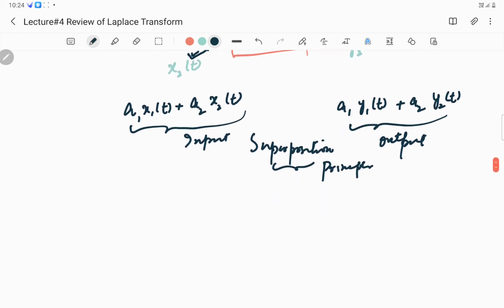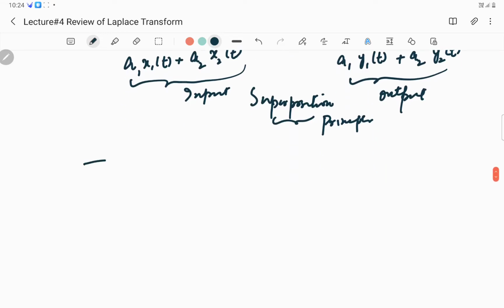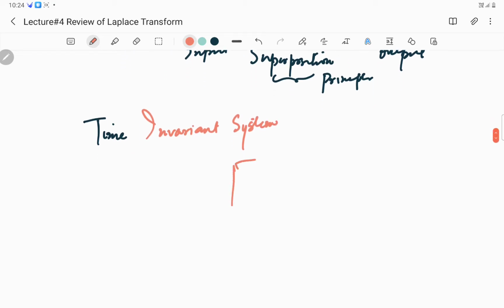Now coming to time invariant. What are time invariant systems? Say I have a system. I apply x of t as an input signal to it and I get y of t as an output.